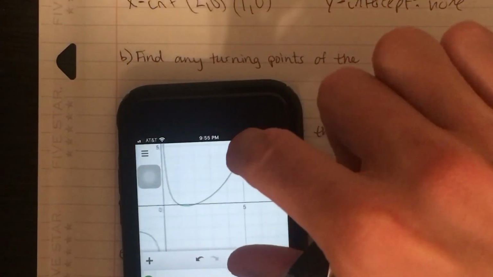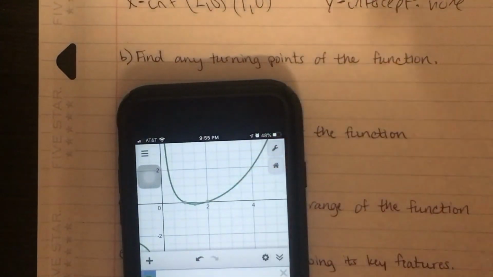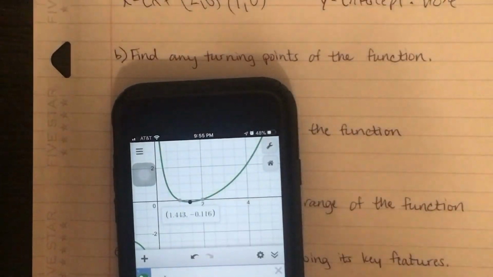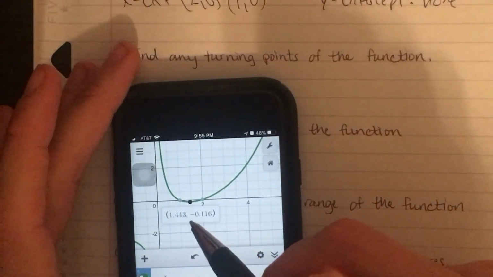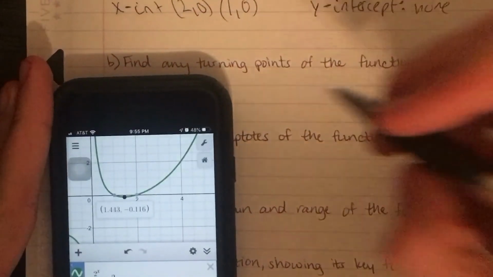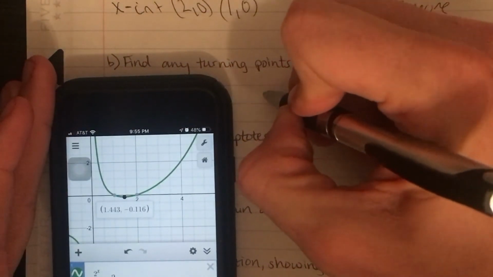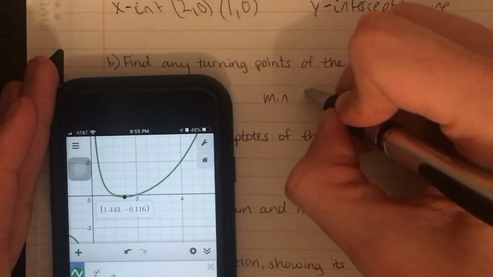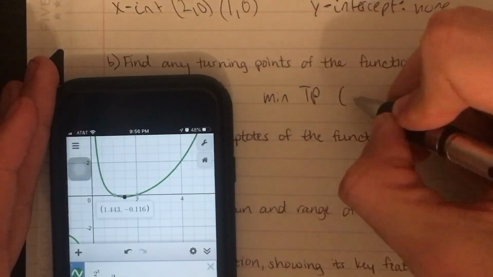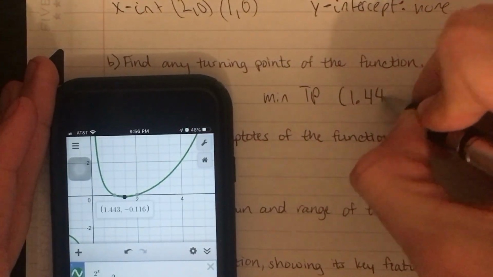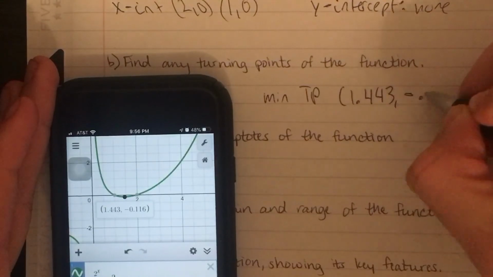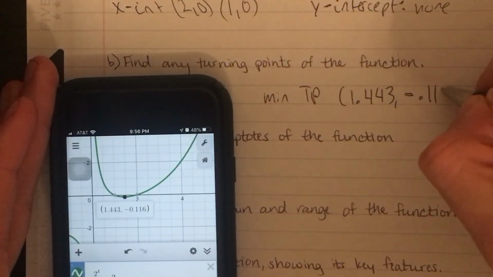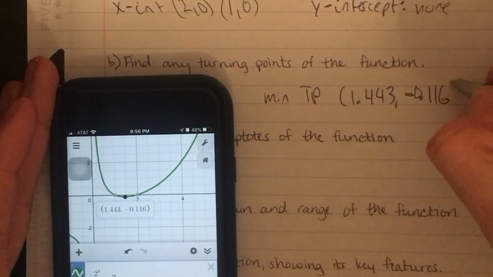Typically, if there's something intuitive like that and you click on the graph, it'll point it out for you. So this graph has a turning point. It's a minimum turning point. So min TP at 1.443, negative 0.116. I guess I can put a 0 on the other side there.